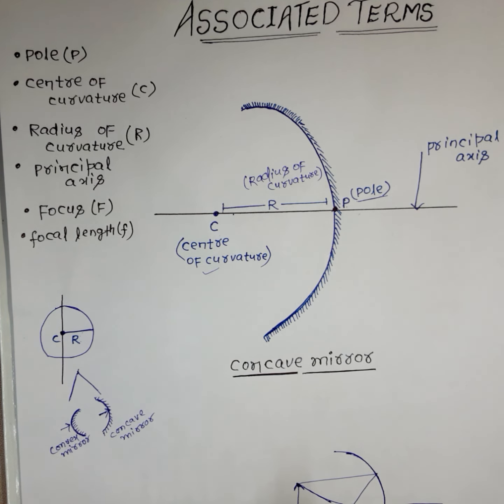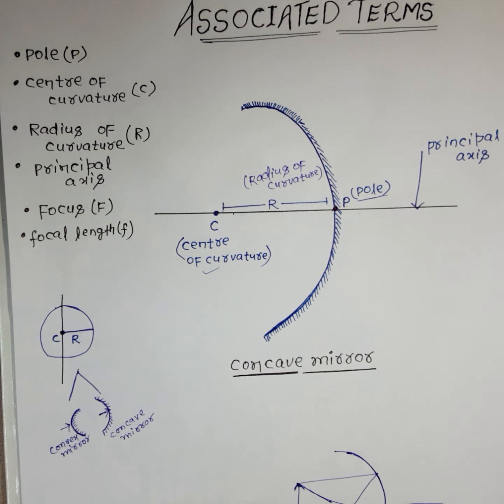There are two rays, the incident ray and the reflected ray. The incident ray will pass and form the reflection, and the point where the reflected rays meet, we call as the focus.